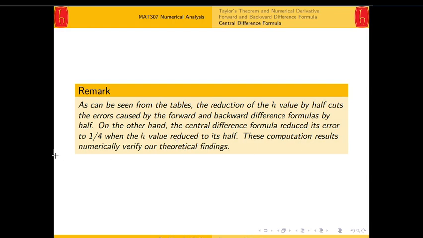These computational results numerically verify our theoretical findings, because we theoretically said the forward and backward difference formulas are first order accurate, so if we reduce h to its half, the error will be halved. And in the central difference formula, if we reduce h to its half, the error will be 1/4. So these are their accuracies.